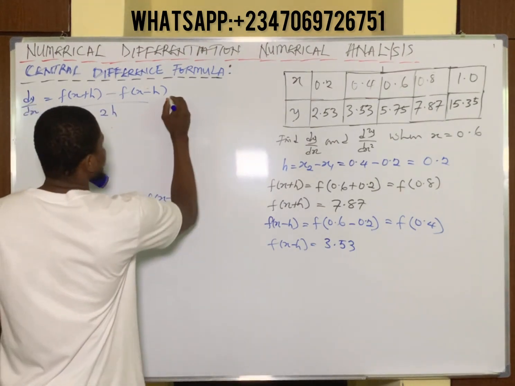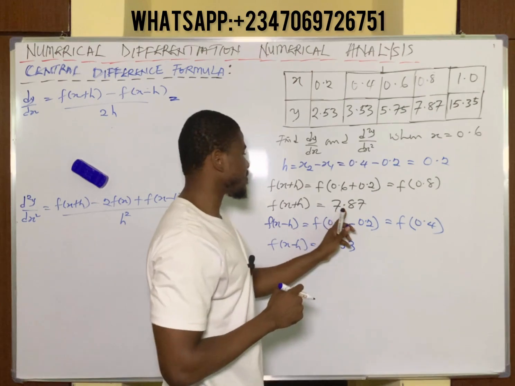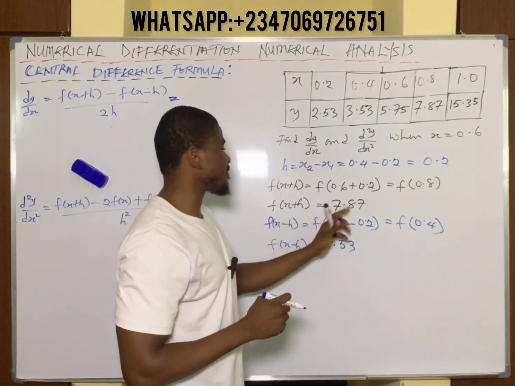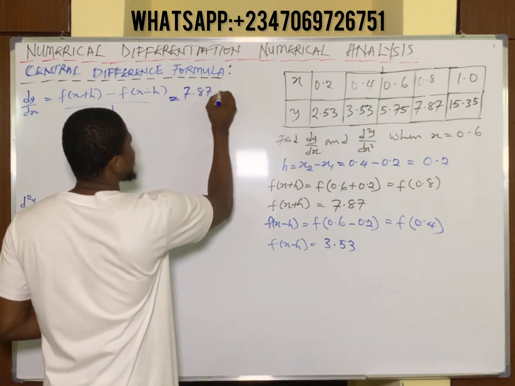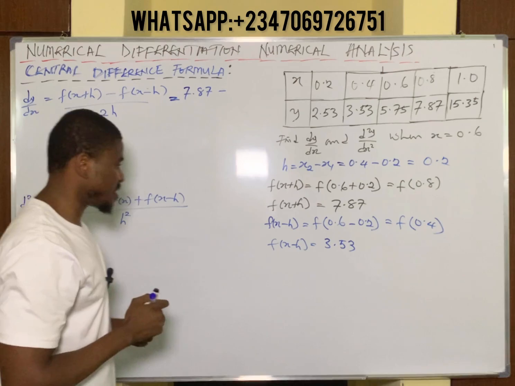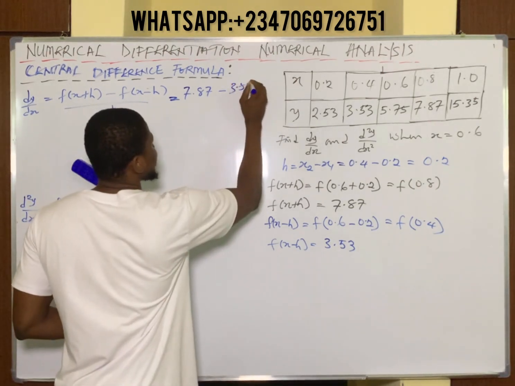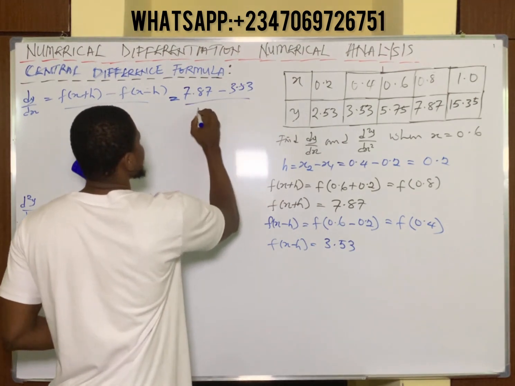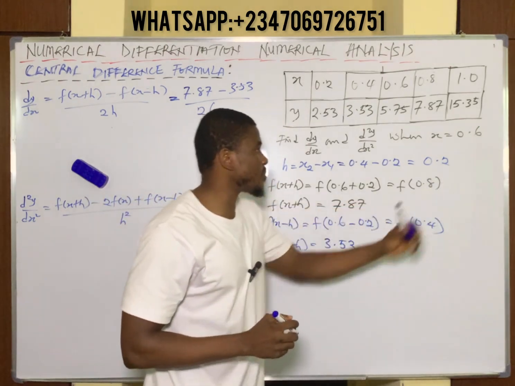Now you know this, you can simply plug into the formula. So this is going to be equal to f of x plus h, which gave us 7.87, minus f of x minus h, that gave us 3.53, so minus 3.53, divided by 2 times the step size, 2 times h, and h itself is 0.2.